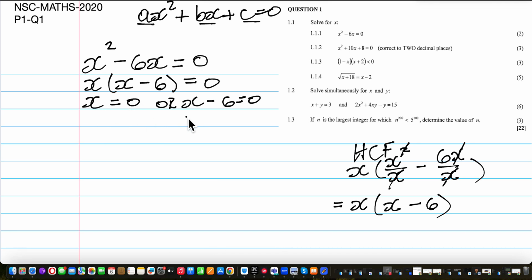And on this side, we will have x equals, so we transpose the 6 to the other side of the equal sign. If it's negative on this side, it will be positive on the other side. And if it were positive on this side, then it would be negative after you move it to the other side of the equation. So these are our values of x for this equation: x is equal to 0 or x is equal to 6.